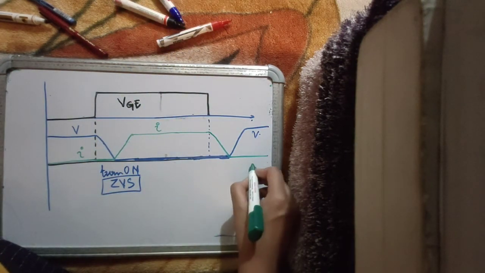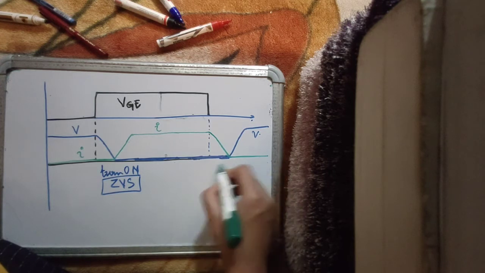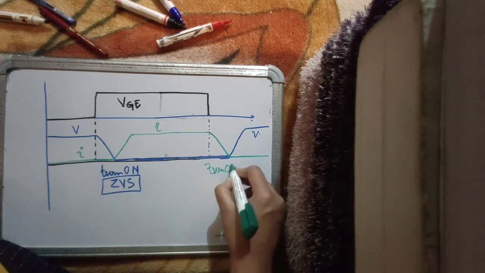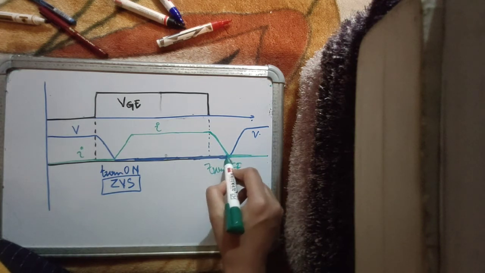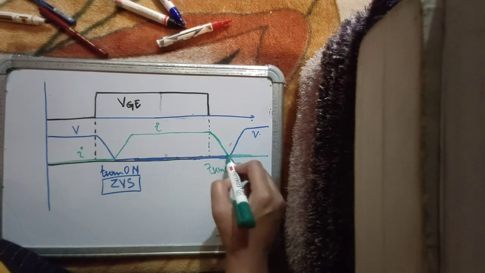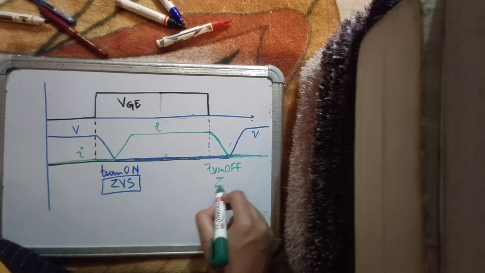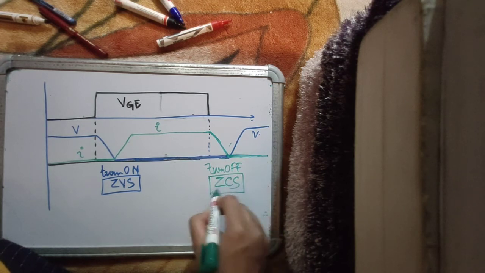So this is the turn off interval, and once the current has fallen to zero, only then the voltage switching will happen. So this is ZCS switching.